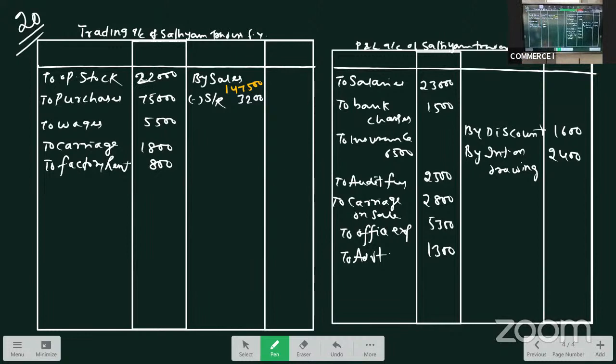We have closing stock. Closing stock will be taken in trading account and then in balance sheet, closing stock 34,500, right? Then outstanding salaries, we add to salaries, and then take in liability side.